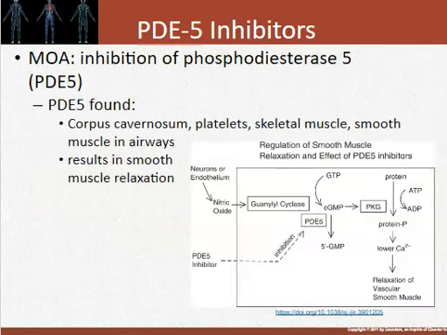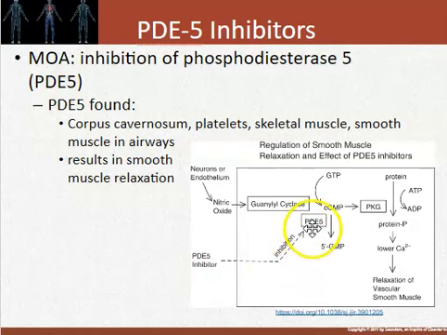Recall that the phosphodiesterase inhibitors are drugs that inhibit phosphodiesterase 5, and this enzyme is found in the penis and the corpus cavernosum, platelets, skeletal muscle, smooth muscle, a variety of different anatomical sites, outside of these drugs' traditional use as drugs to combat erectile dysfunction. When these drugs are given, you can see a smooth muscle relaxation occurring.